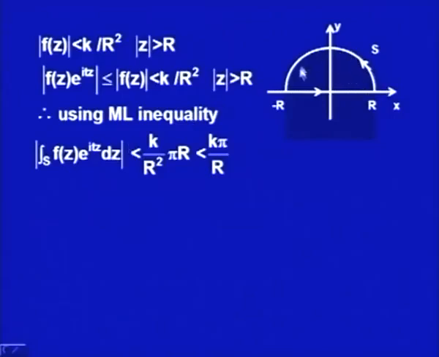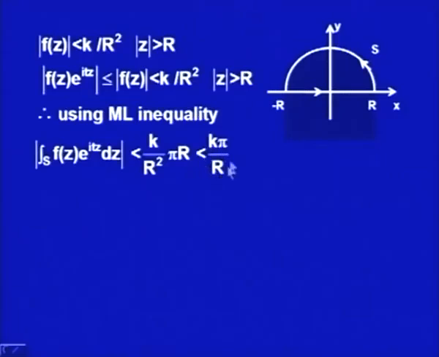The contour S is the semicircle, its perimeter would be pi r. So, we are getting k pi upon r. So, what we have got is that the absolute value of the integral of f(z) e to the power i t z on this semicircle S is bounded by k pi by r.